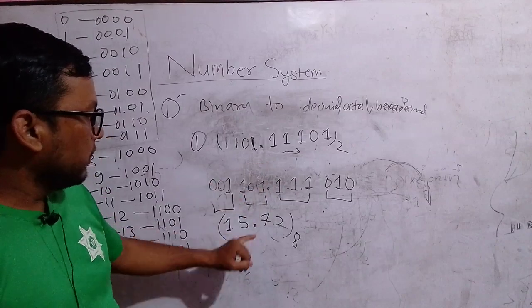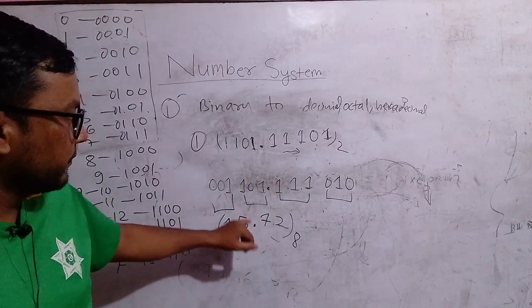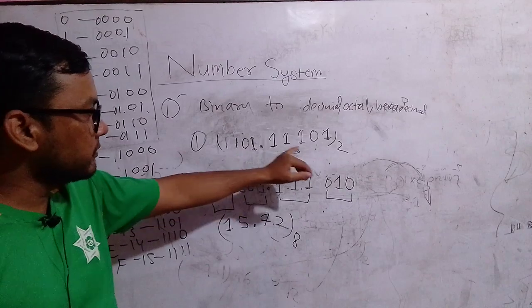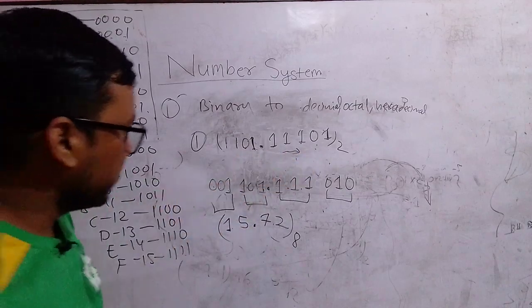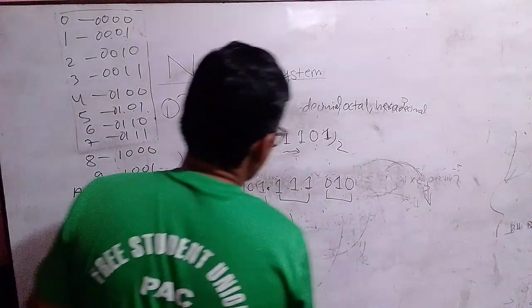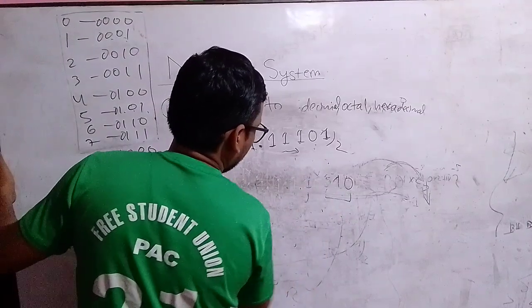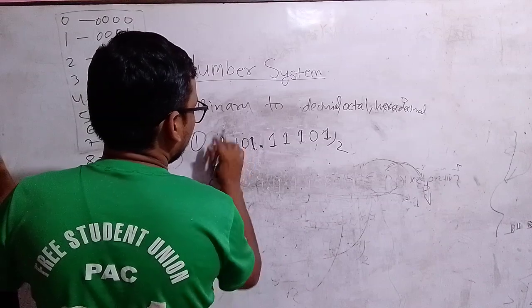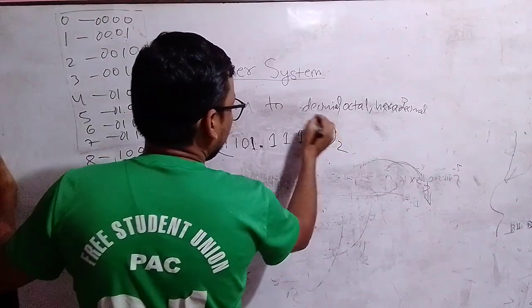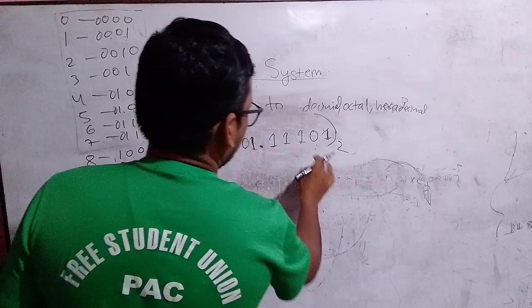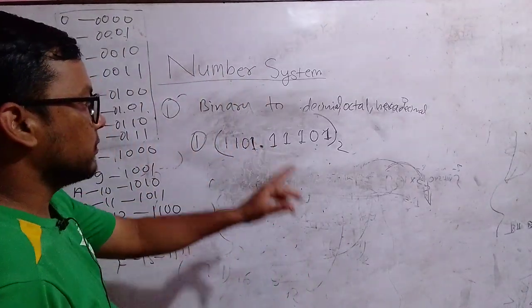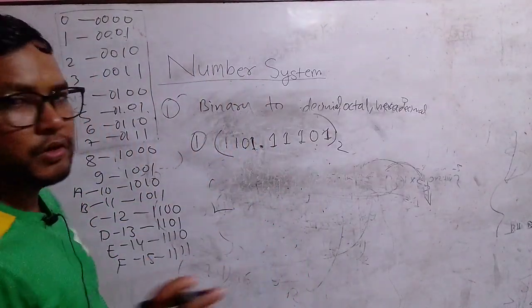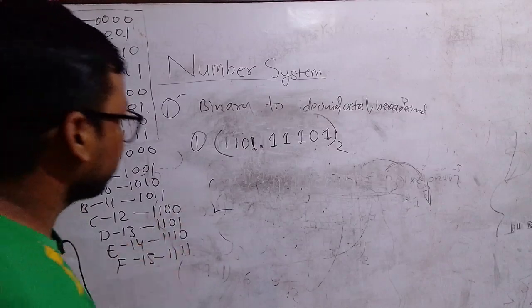We already obtained the octal equivalent of this number. Now we need to obtain the hexadecimal equivalent of this binary number. Now look here. This binary number contains both an integer part and a fractional part, and we need to convert it into the hexadecimal number system. To do so, we need to make groups of 4 digits.